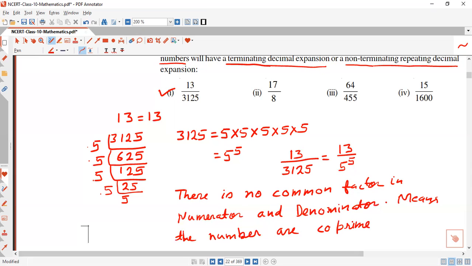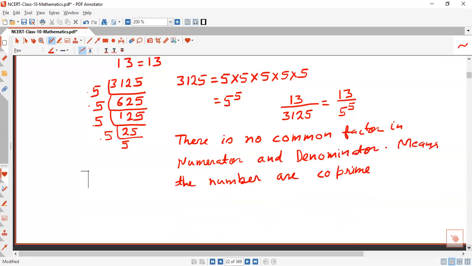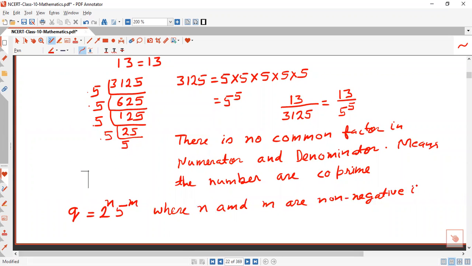Now we see this. We are interested only in what the denominator is. The denominator is of the form 2 raised to n, 5 raised to m, where n and m are non-negative integers.